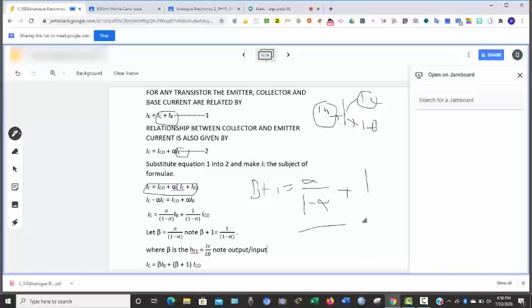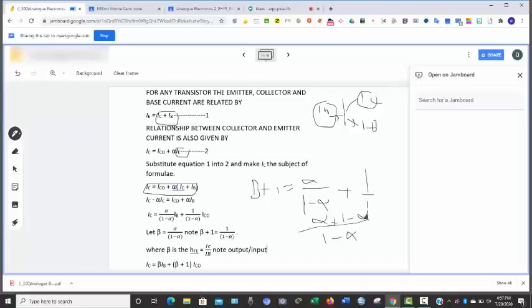So if I find the LCM, it is 1 minus alpha. 1 minus alpha in this case will give me 1. That is alpha. Then this one is 1. This one will now be plus 1 minus alpha.